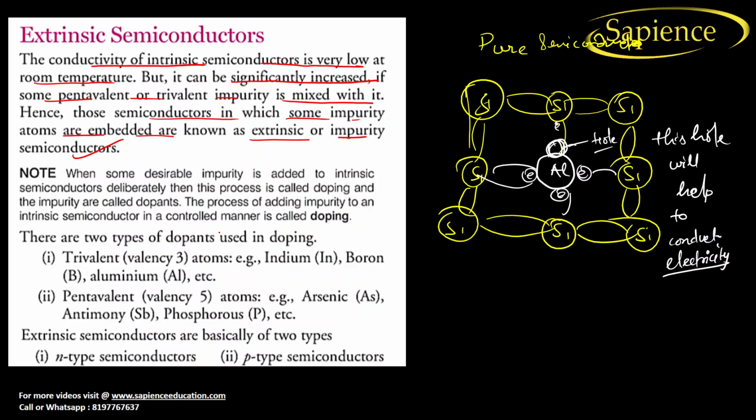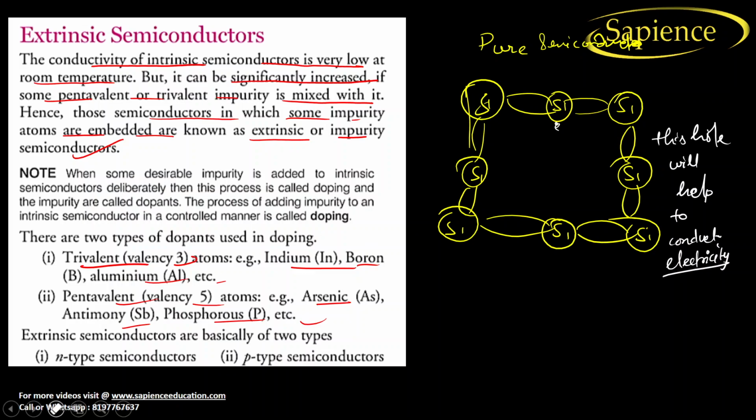So there are two types of dopants used in doping. First is trivalent, valency 3, for example indium, boron, aluminum, and second is pentavalent, valency 5, for example arsenic, antimony, phosphorus. If you want to dope with a pentavalent, just remove the aluminum and put in phosphorus.